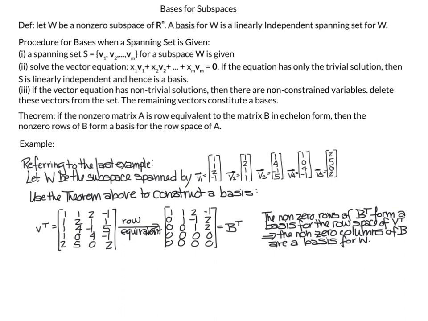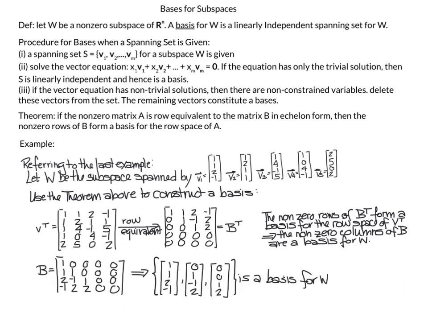These two are row equivalent, so the non-zero rows of B transpose form a basis for the row space of A. But the thing is, the non-zero columns of B are a basis for W now. To see that, we can look at B, which is just the transpose of B transpose.